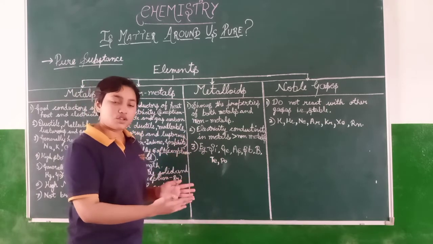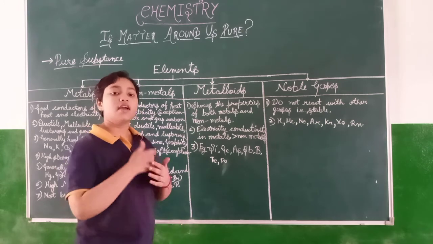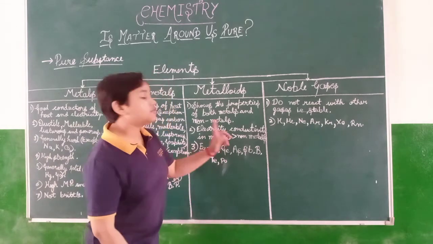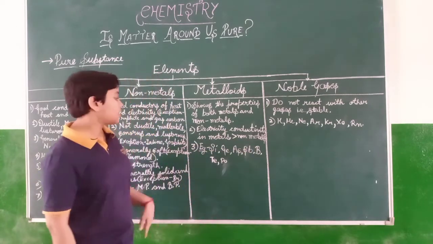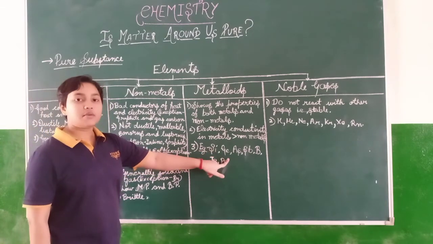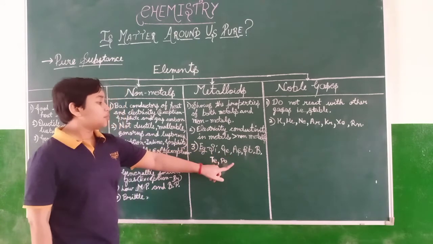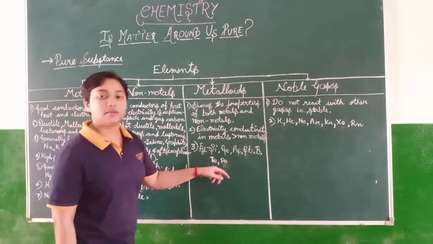Electricity can pass through metals at a greater speed, but in non-metals, electricity and heat cannot pass. Examples: silicon, germanium, arsenic, tin, boron, tellurium and polonium.